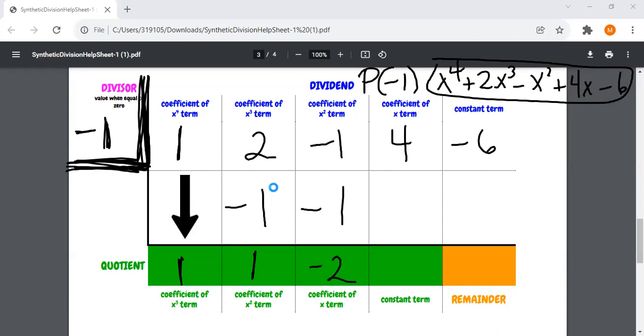Now -2 times -1 is +2. 4 plus 2 is 6. 6 times -1 is -6. -6 minus 6 gives me what?